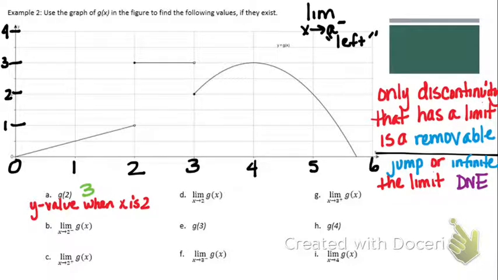That's what that means when you see that little minus sign. Notice how for part B, it has a little minus sign afterward? That's asking you for the left side. What's happening on the left side? Conversely, if you see a plus sign afterwards, that's asking you for the right.